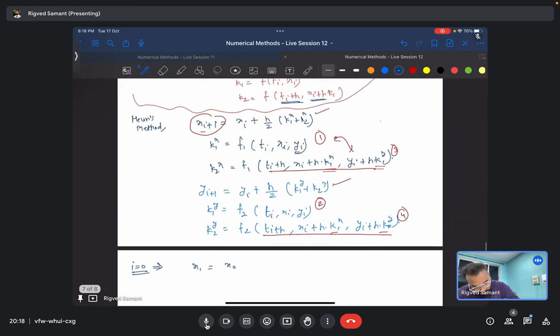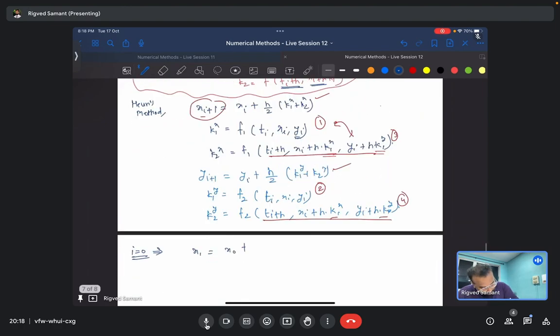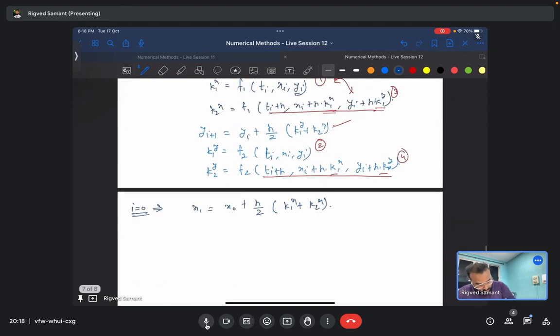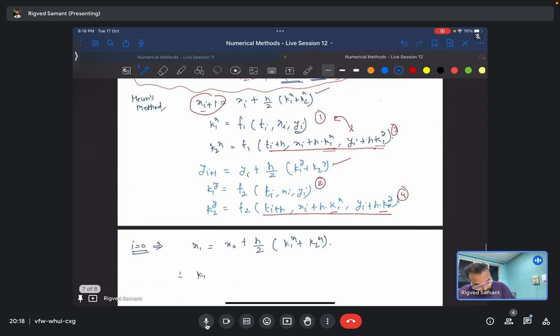So x_{i+1} = xi plus h by 2 into (k1x plus k2x). Therefore, first we are trying to find k1x. k1x is f1 of (t0, x0, y0).